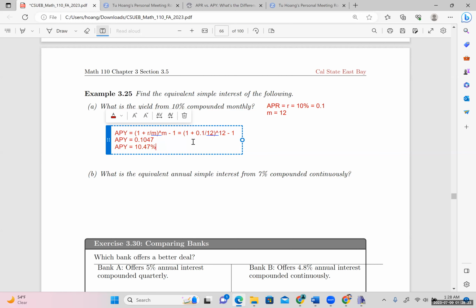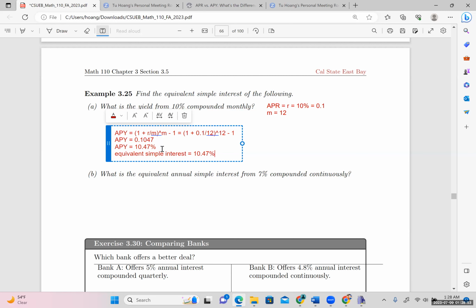Okay, so therefore the equivalent simple interest is equal to 10.47%. Okay, so that's going to be it.